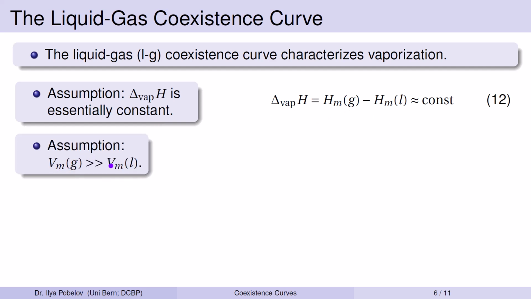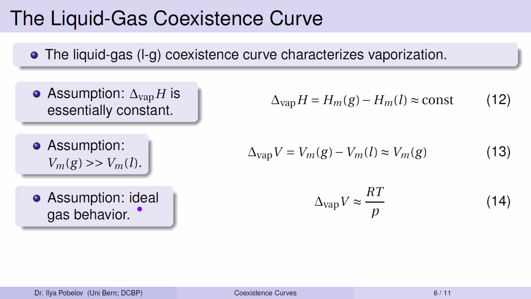Considering the molar volumes, the molar volume of a gas is much greater than that of the liquid phase. This allows us to approximate the difference in molar volume between the gaseous and liquid phases to be equal to the molar volume of gas.